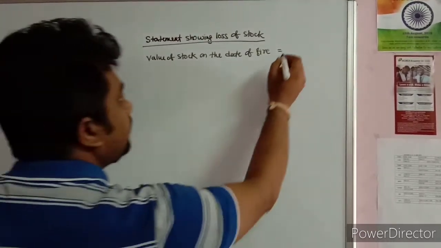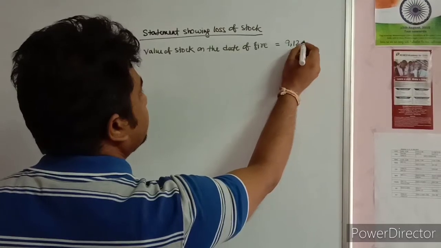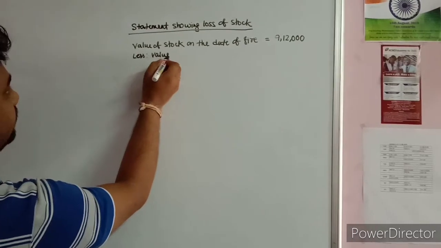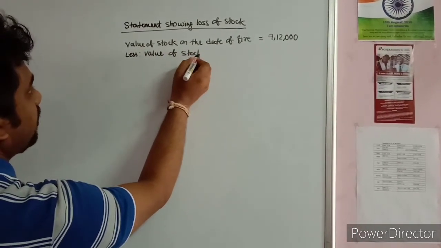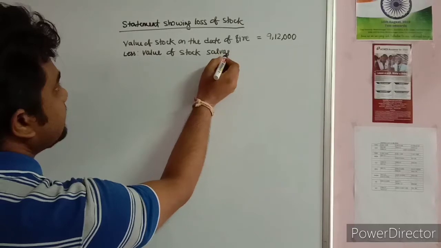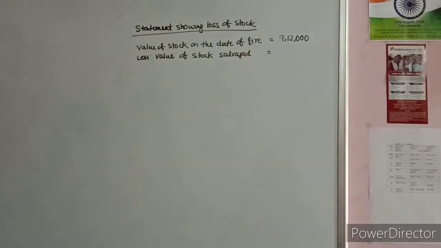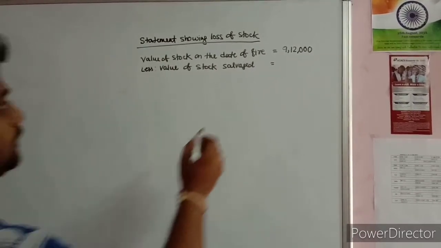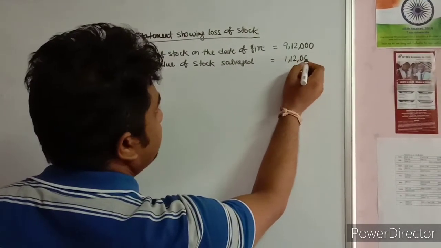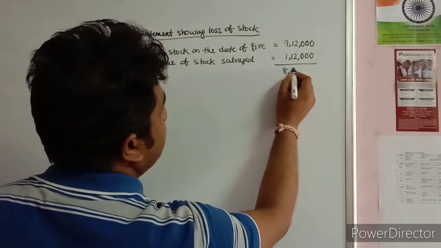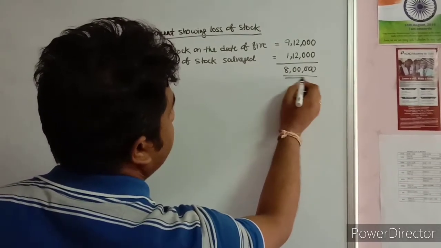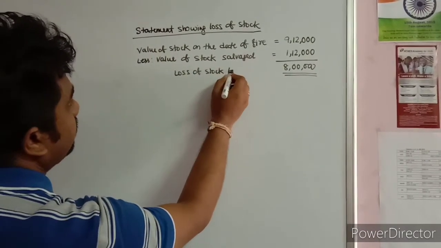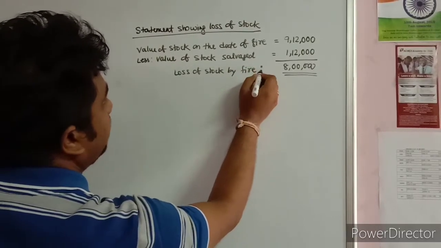It was 9,12,000, less value of stock salvaged. You have in the question that the amount of stock salvaged was 1,12,000. So the loss of stock by fire was 8 lakh.